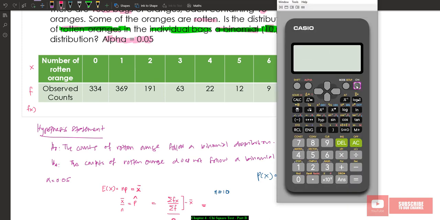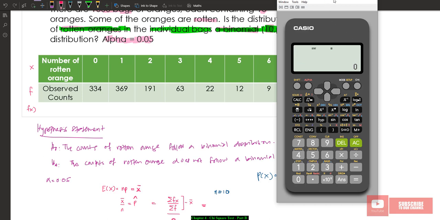First we need to click on shift and make sure the shift icon is showing, then click on the mode button, and then we try to find statistic, number 4, so that we turn on the frequency value.